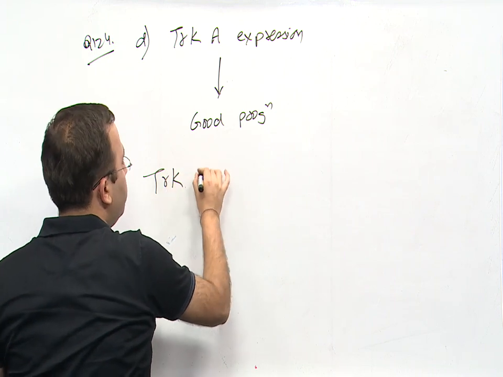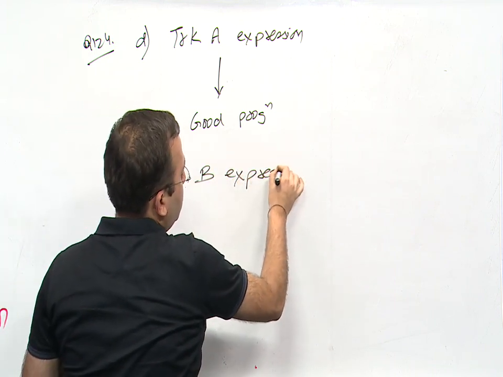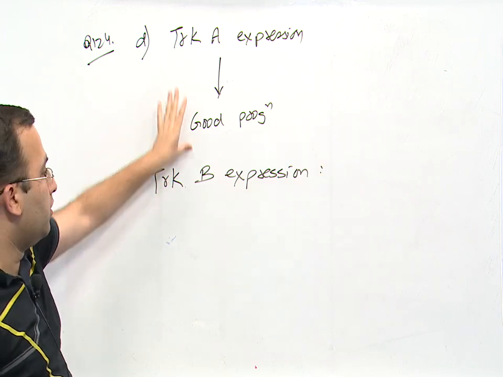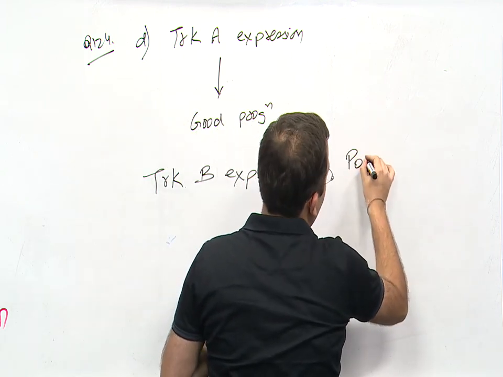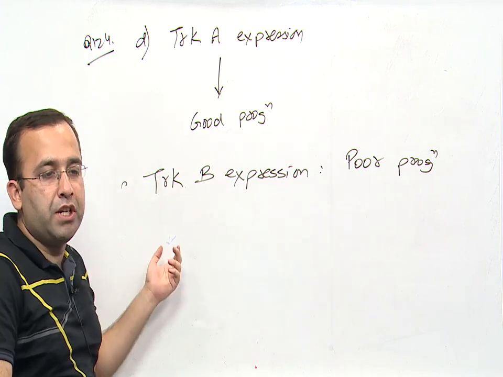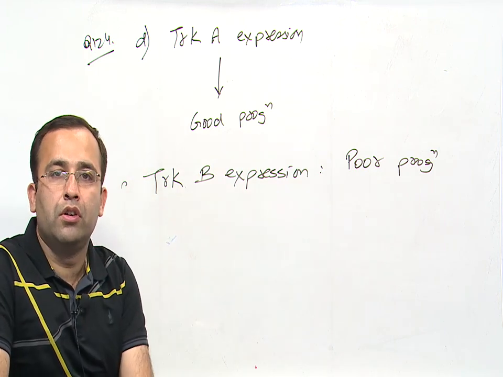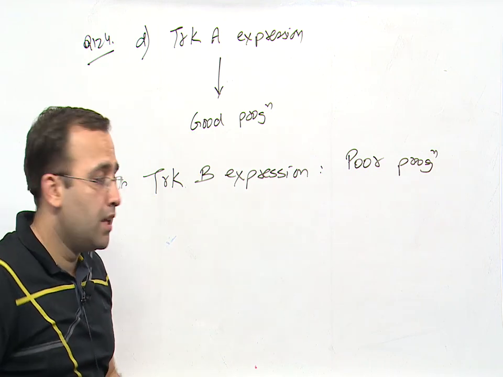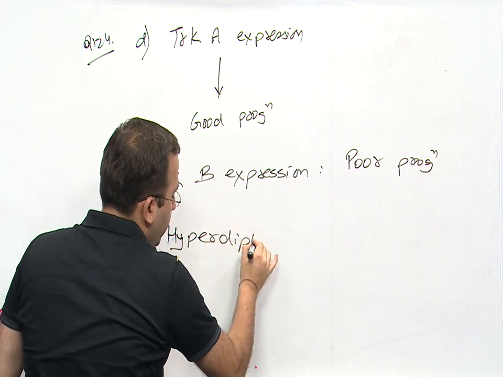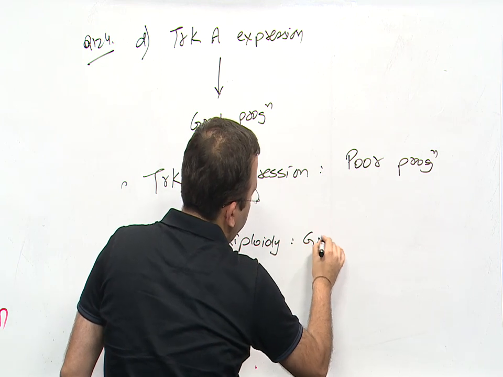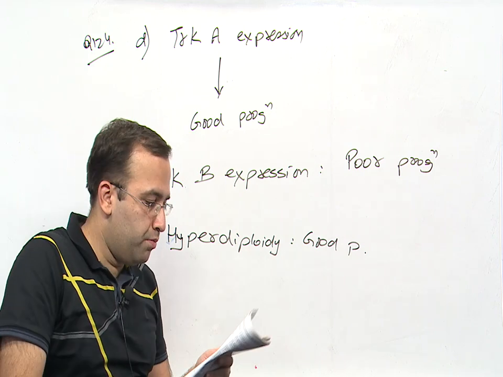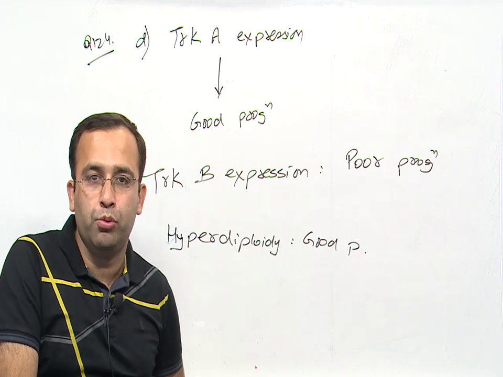This has to be remembered. Next point with respect to ploidy. Hyperdiploidy, that is increase in the number of chromosomes, is good prognosis, whereas diploidy is poor prognosis.